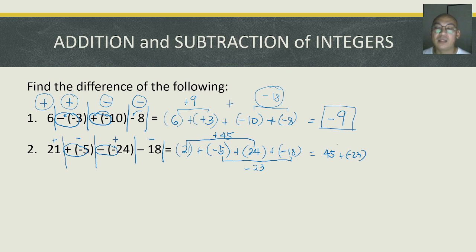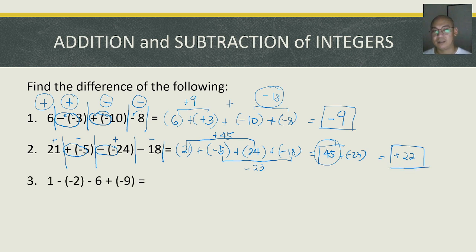In the rule of addition, sorry, it is not the final answer. In the rule of addition, if we have different signs, subtract. 45 minus 23 is 22. Which one having the large number? And that is 45. The answer is positive 22.